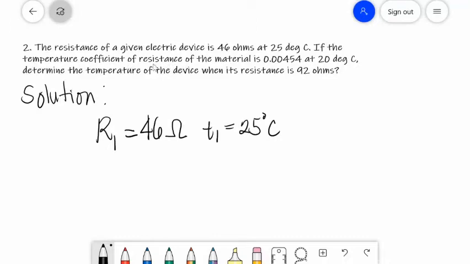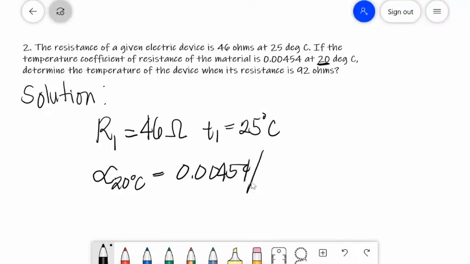The temperature coefficient of resistance, that is alpha, at 20 degrees Celsius is equal to 0.00454 per degree Celsius. And then R2 is equal to 92 ohms. Determine the temperature of the device when its resistance is 92 ohms.